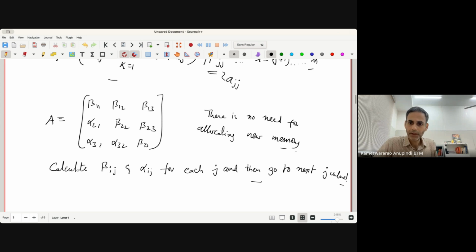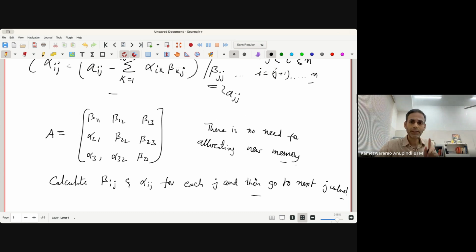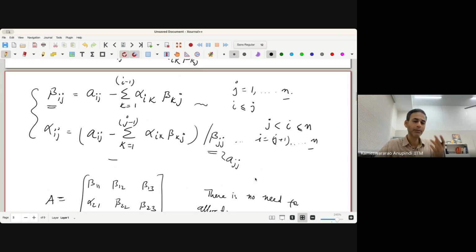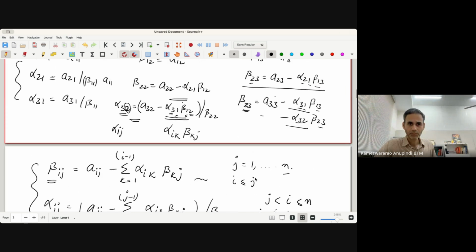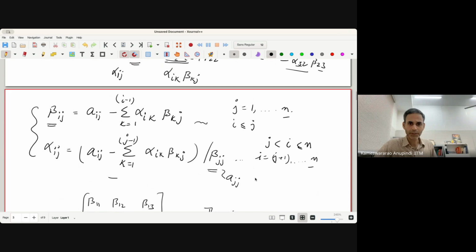That means for one j, we calculate whatever betas and alphas we get for all i, then go to the next j and calculate all alphas and betas for all i, and so on. Only then this algorithm will work. Otherwise, it's not going to work, right? Because either we're going to make use of zeros, which would be new alpha betas, or previous A values. Okay, other questions?